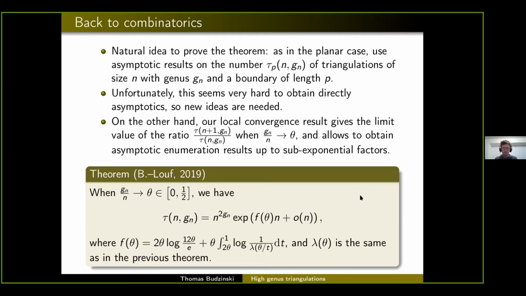It's kind of funny because usually when we want to study random maps, we rely heavily on results from combinatorists, and in this case, things went the other way around. We proved the probabilistic result and used it to deduce asymptotic enumeration results.